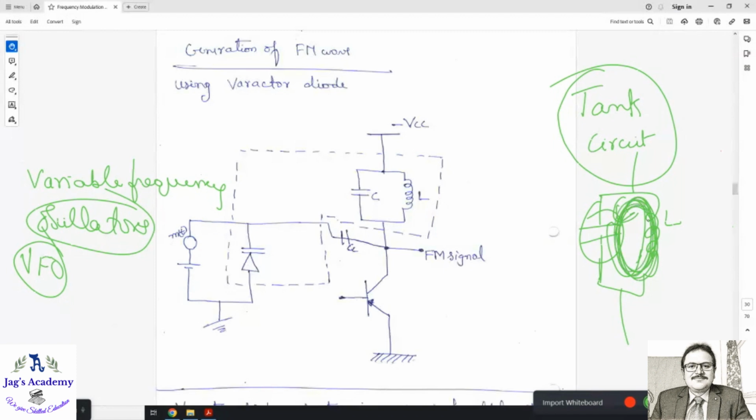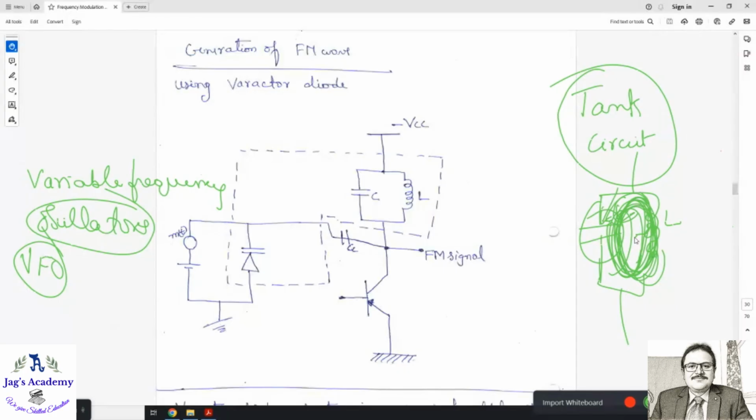A tank circuit is something which generates sustained oscillations. Suppose you charge this capacitor, it will discharge to the inductor, and the inductor will once again charge the capacitor. This process will continue.